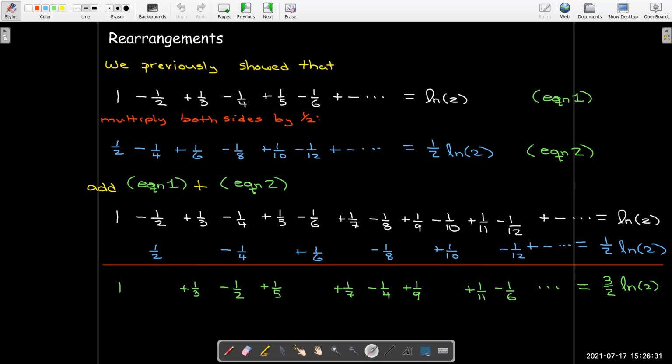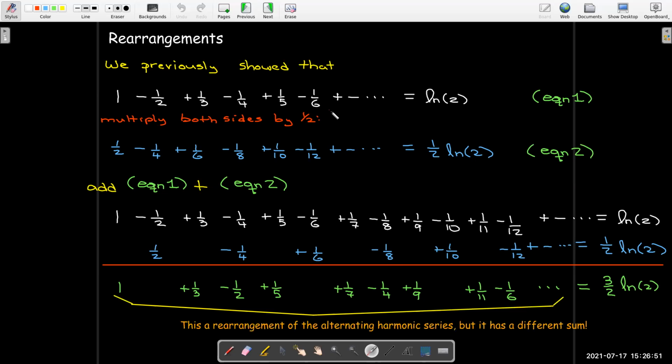But look at what I get. I get 1, then minus a half, plus a third, minus a fourth, plus a fifth, minus a sixth, plus a seventh, and so on. This is just a rearrangement of the original alternating harmonic series, but since I'm also adding natural log of 2 plus half a natural log of 2, I get a different sum.